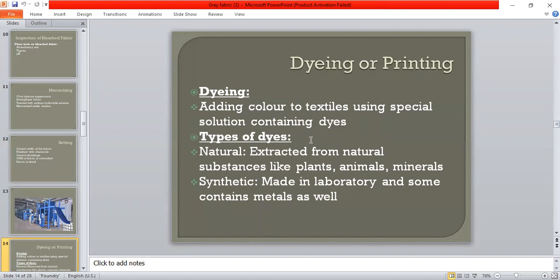So there are two types of dyes. First is natural and second is synthetic. Natural dyes are those which are extracted from natural substances like plants, animals, minerals. And second is synthetic, which is made in a laboratory and some contain metals as well.